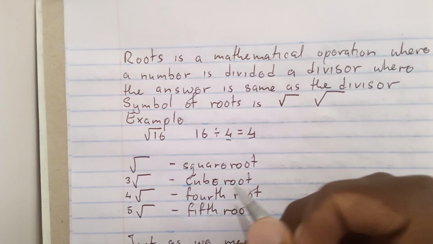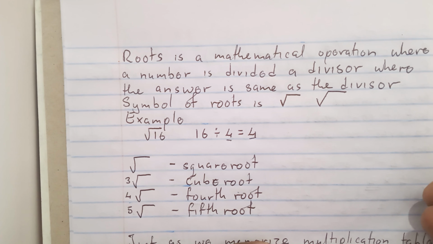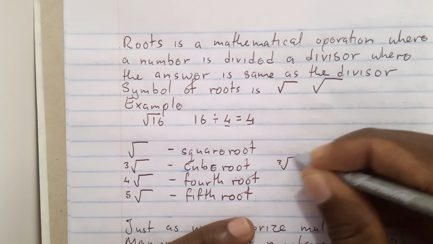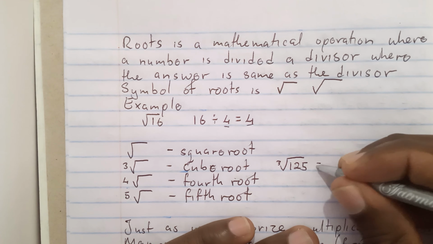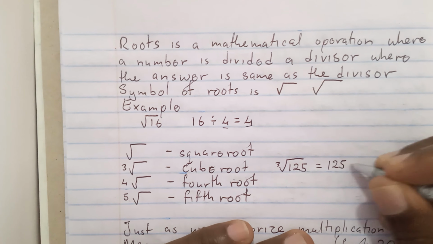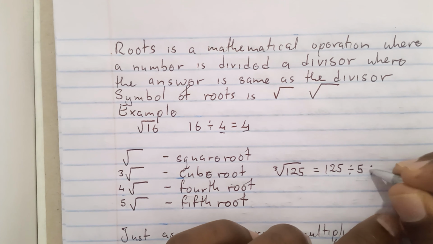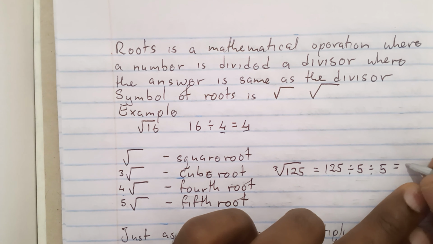Now again, if it's a cube root scenario, let's say the cube root of 125. This is the same as 125 divided by 5 divided by 5, and the answer will be 5.